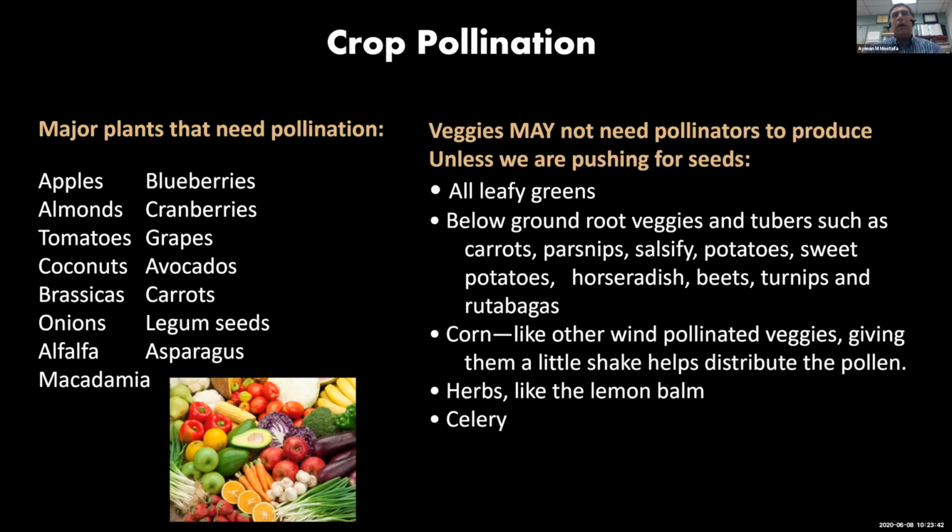But there are also many others, especially leafy greens, below-ground roots and some crops like corn and many herbs, where we don't need pollinators. But if we need these crops to be propagated and to enhance their genetics, we need to produce seed from them. That's when we sometimes need them.